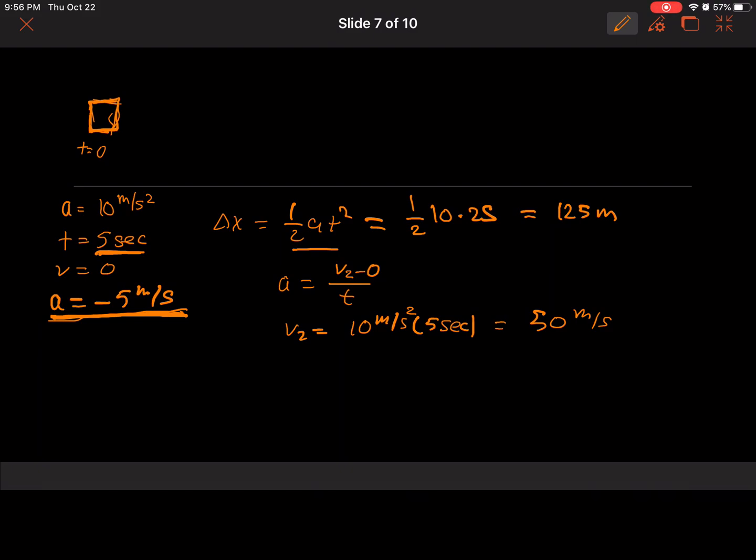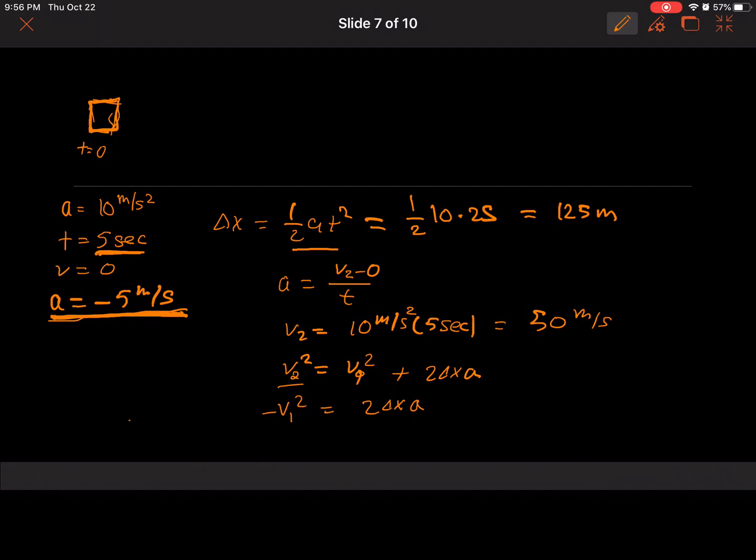Now we can use this formula: v final squared equals v initial squared plus 2 times delta x times acceleration. We know the final velocity is 0. So we get negative v initial squared equal to 2 delta x a. Substitute it. Now here a is negative, so the negative and negative will cancel out, so the distance is positive, thankfully.